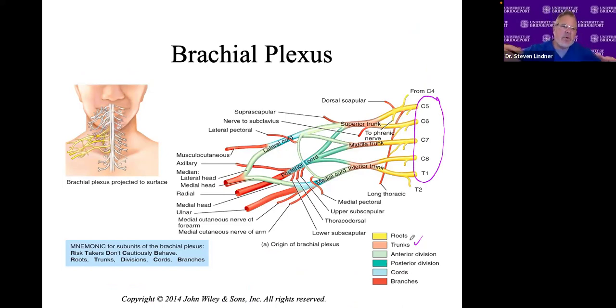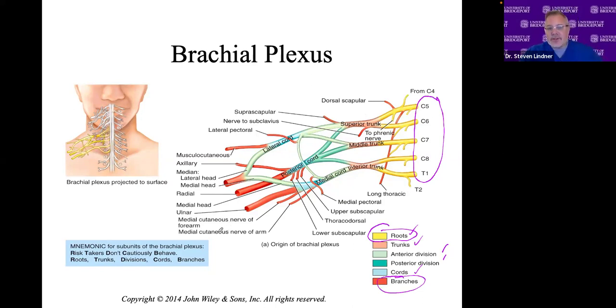If you're getting into more advanced neurology, if you're getting into manual medicine or physical therapy eventually, chiropractic, then you will need to know all of these components to it. For now, I just want you to know what roots they are, C5 to T1, and then the terminal branches, which we went over before.